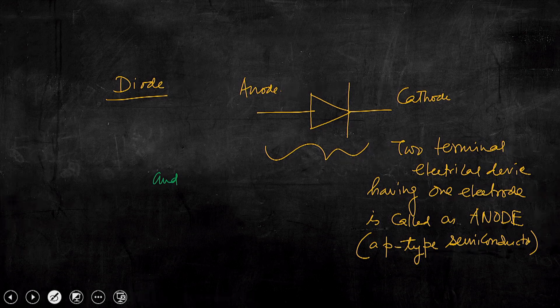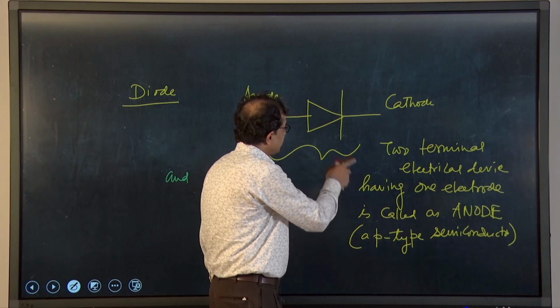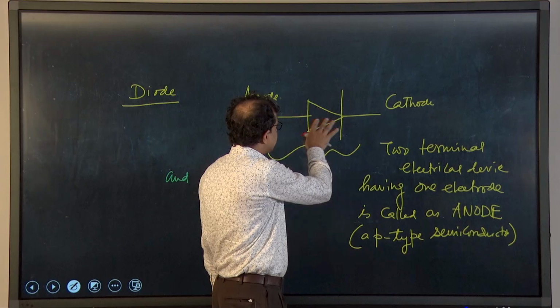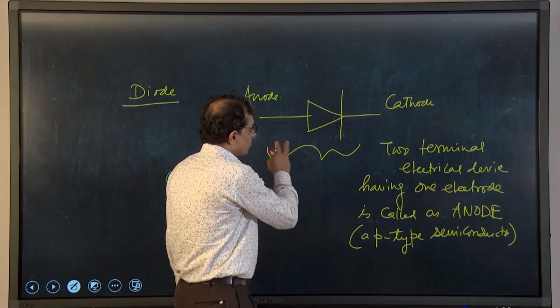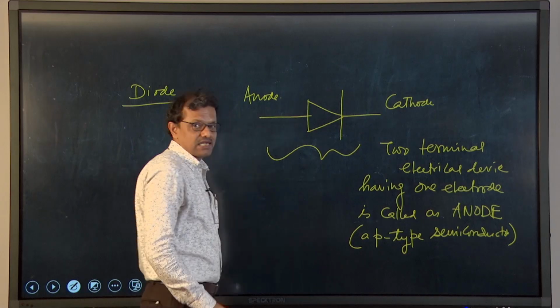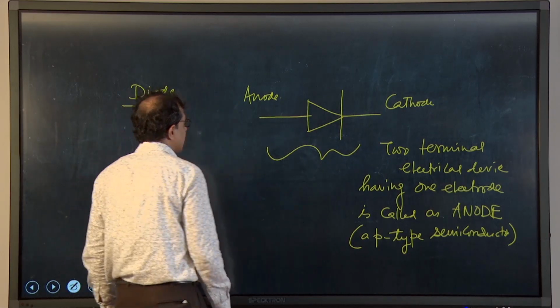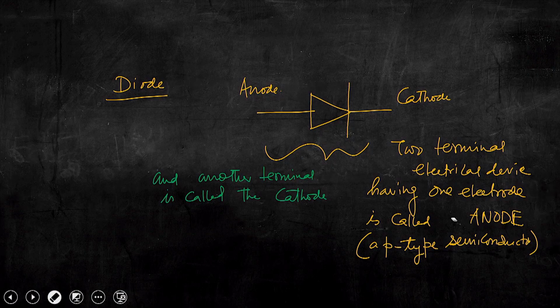So we can see from the schematic depiction that we have a two terminal electrical device. That means the device has two electrical terminals. One is called anode, that is p type semiconductor, and the other terminal is cathode, this is n type semiconductor, right.